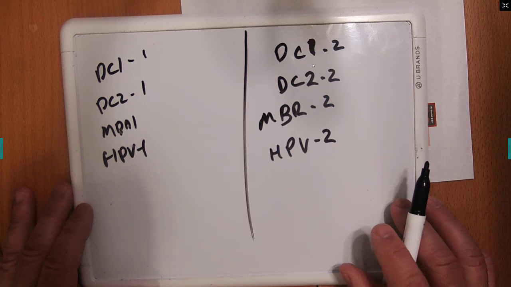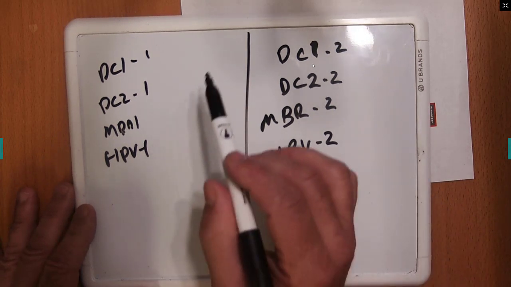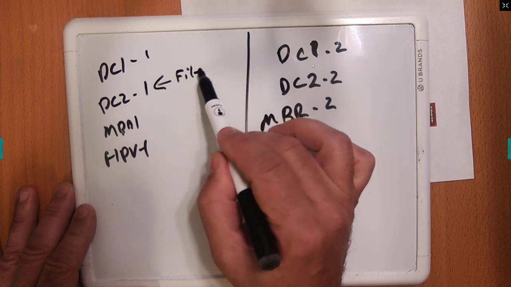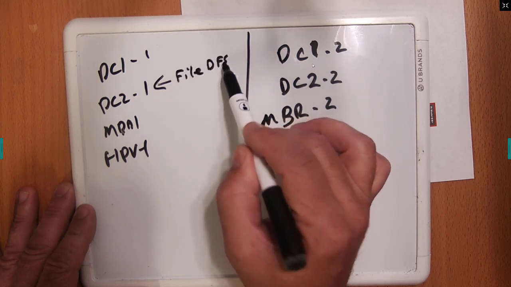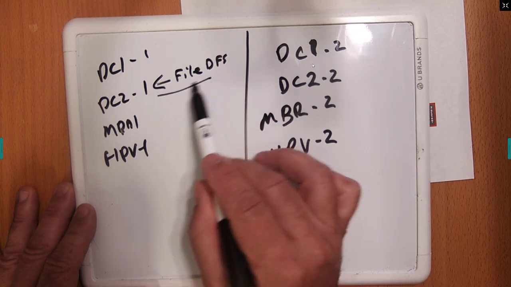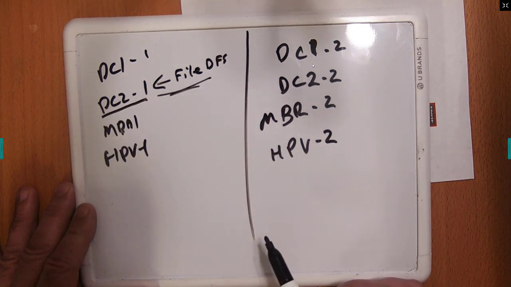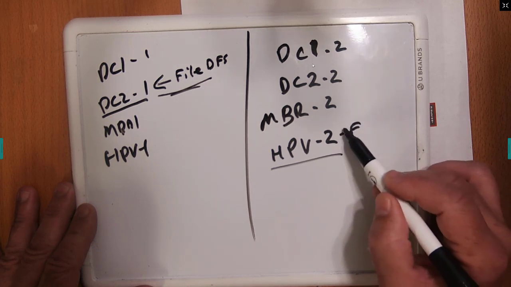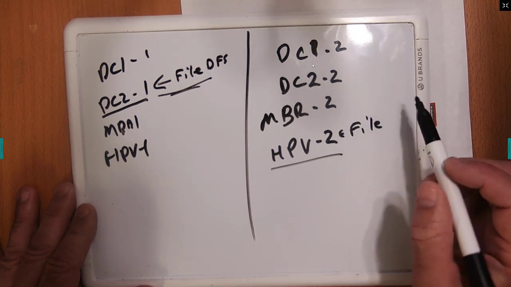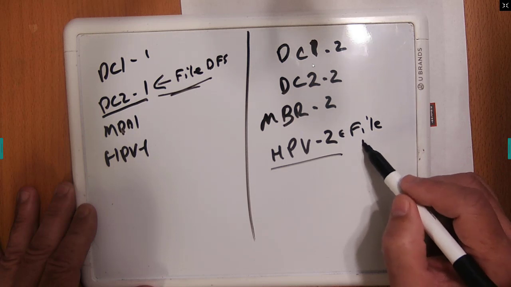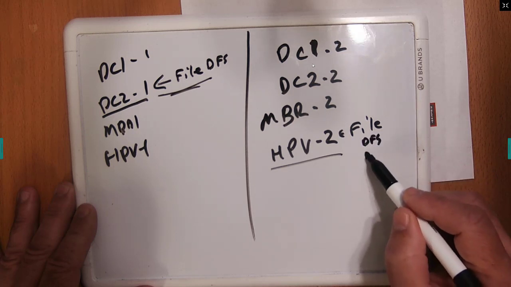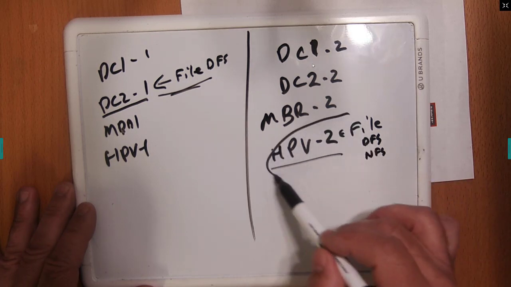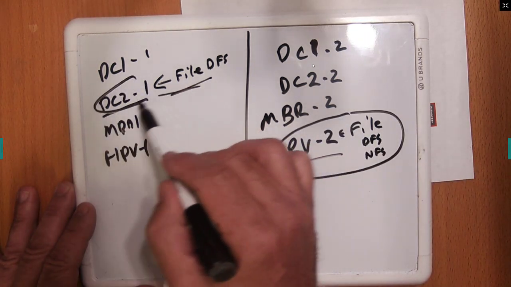For Chapter 5 exercises, we installed file management stuff here, so DFS and NFS and those kind of things. We installed that on DC2-1, and we installed the file services here for DFS and NFS and file management. So these are the two servers that we're working on.